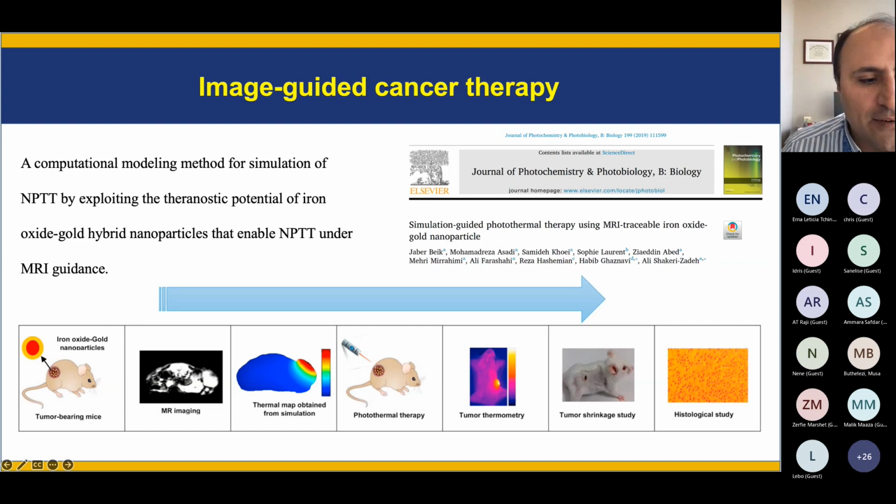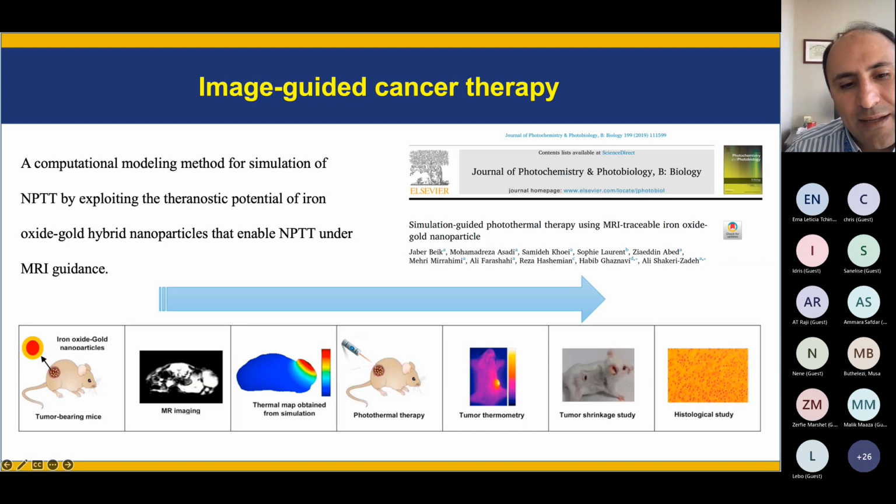Actually, after injection of gold-coated iron oxide nanoparticle, we can get MRI. Here is the tumor, and here we can see that the nanoparticles are accumulating in the tumor.